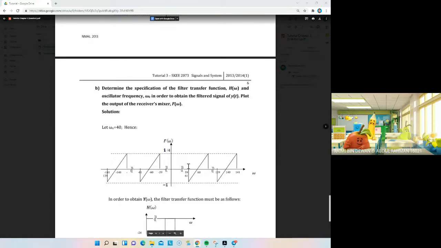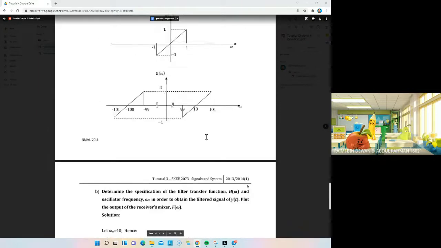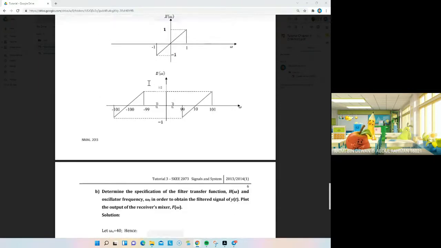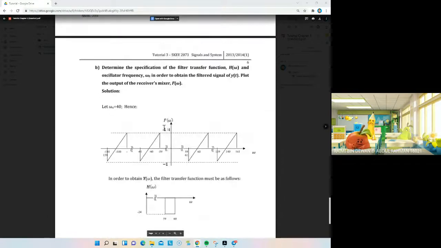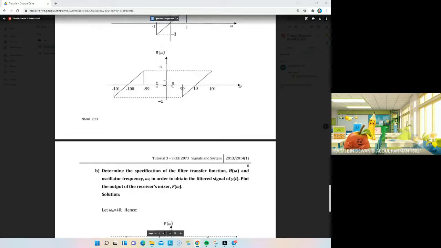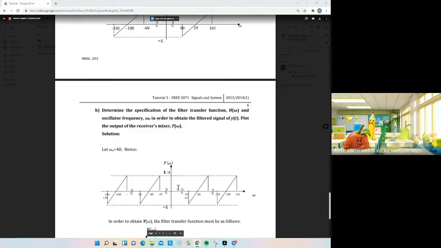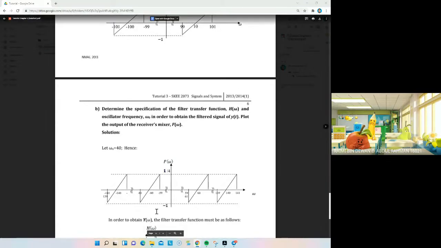This one is logic: 2 becomes 4, and then the magnitude will be half. Usually, but not a must, because we need to see the question. This one will be half the value of that, so 1 over 2 divided by 2 is 1 over 4. This one I'm not sure why, I think it should be negative half.